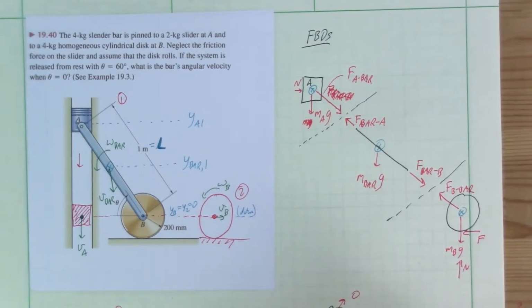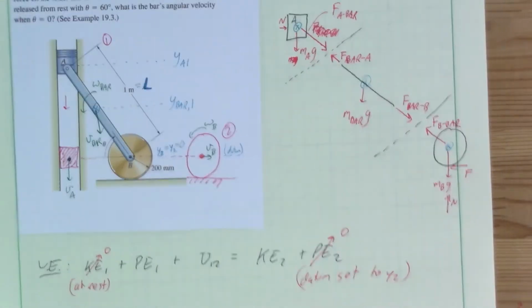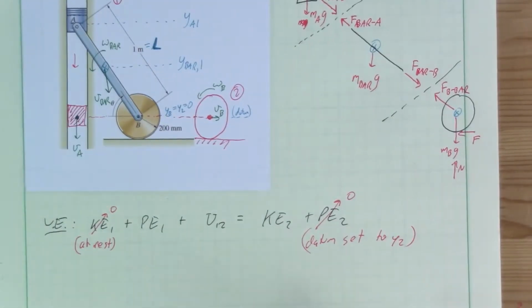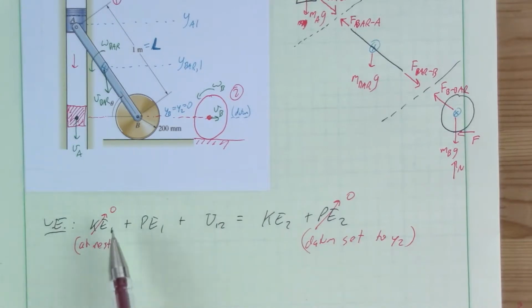State 2 is when theta has dropped to 0, and the datum is set to the y2 level. Sorry, I was off the page. Kinetic energy at 1 is 0 because we're at rest. Potential energy at 2 is 0 because that's where we smartly chose the datum.